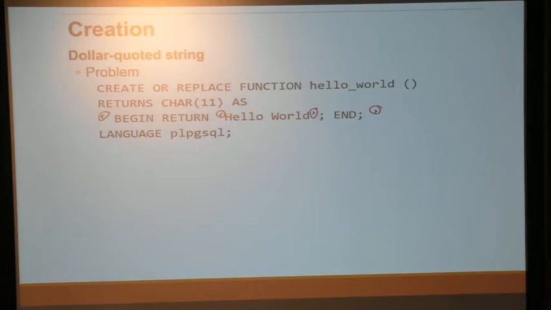Now we may have another problem. If you have a function that creates another function, how do you differentiate between those two functions? Because you need some kind of differentiator. So what we can do here is have a set of quotes. A set of quotes can be arbitrary, but it must have a matching partner.